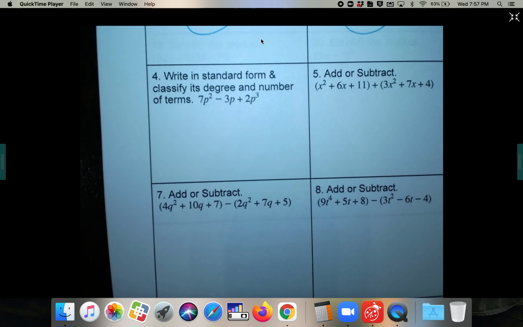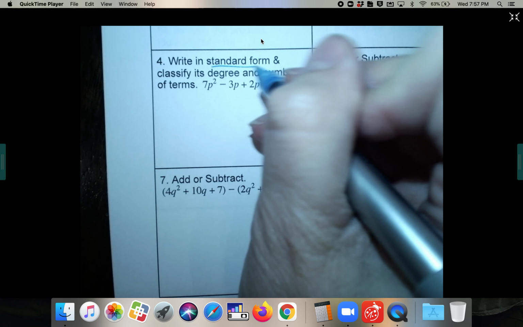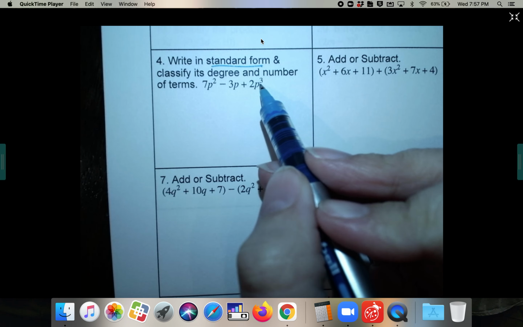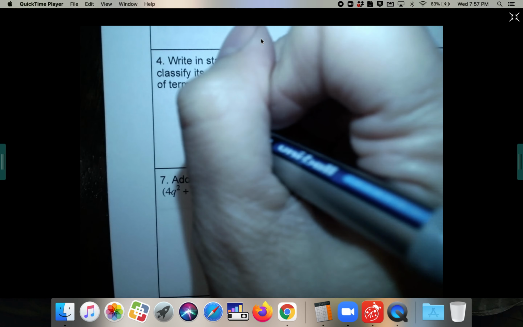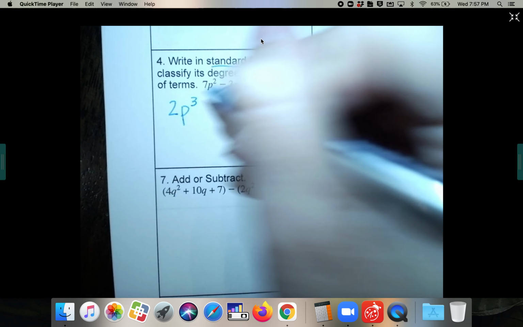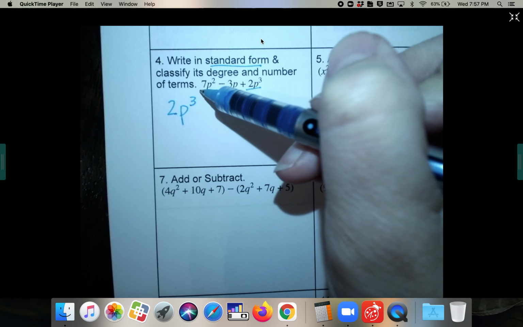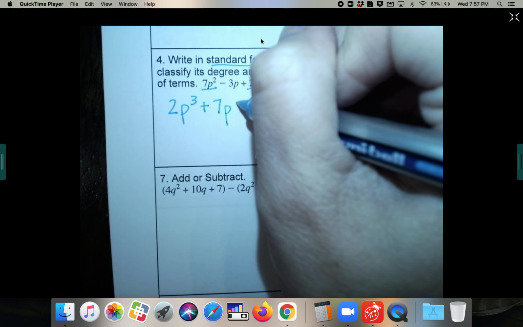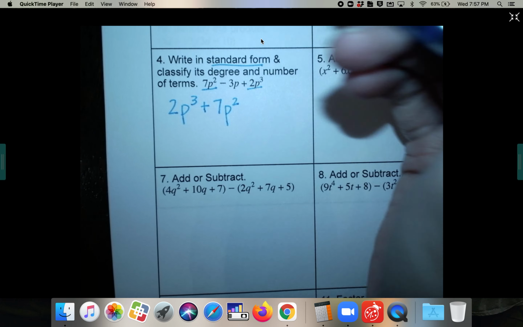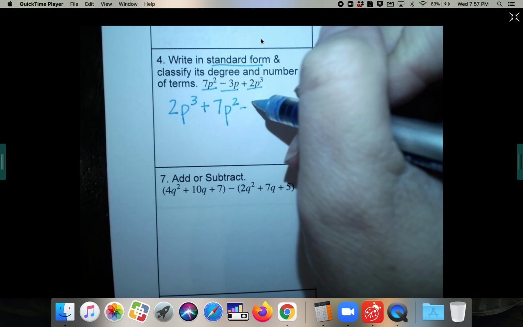All right, number 4, same thing, standard form and classify. For standard form, the exponent 3 is the biggest, so that needs to come first. So 2p to the 3rd should be written first. The next highest level of priority would be the 7p squared, so plus 7p squared. And then the last one would be the minus 3p.